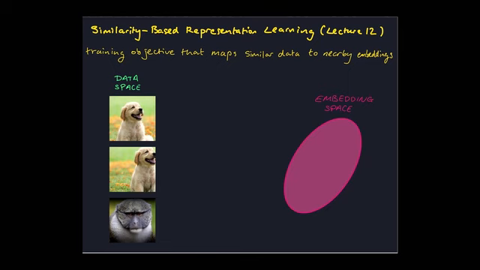Last time, I think you were learning about some aspects of representation learning. There was this idea of developing contrastive learning techniques where you try to learn embeddings of your data, and you specifically want to take similar data points and map them to nearby embeddings.